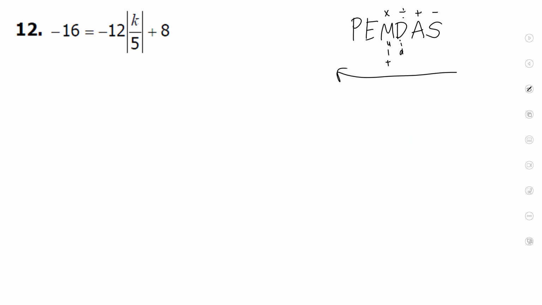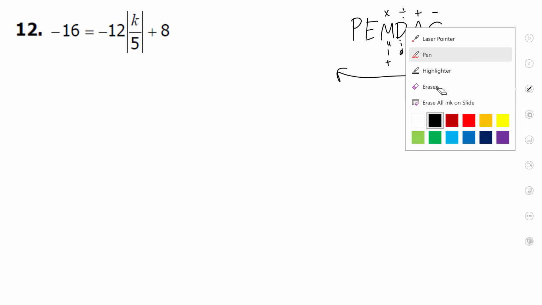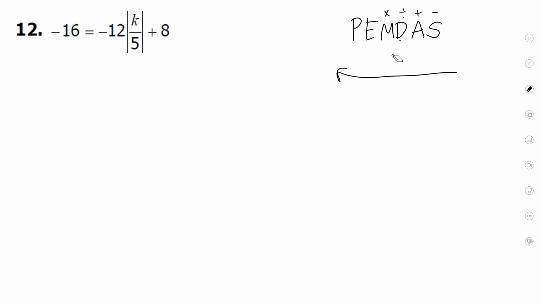Multiplication and division should never be your first step. What should be your first step in this case? Subtracting. So guys, this is a plus 8. To get rid of it, you subtract 8 from both sides. So we get negative 16 minus 8, which is negative 24?